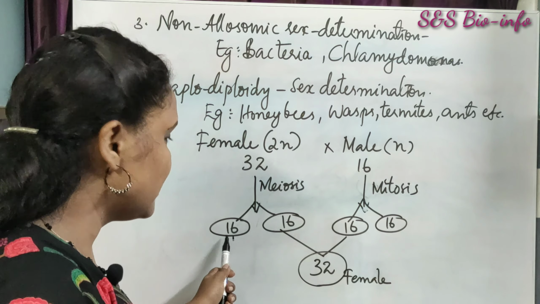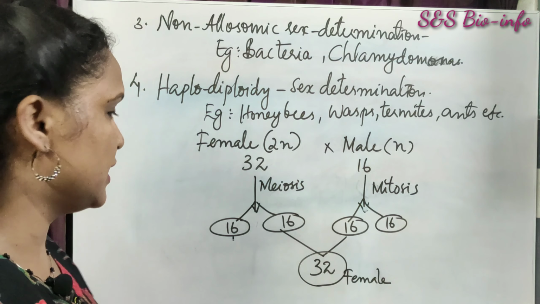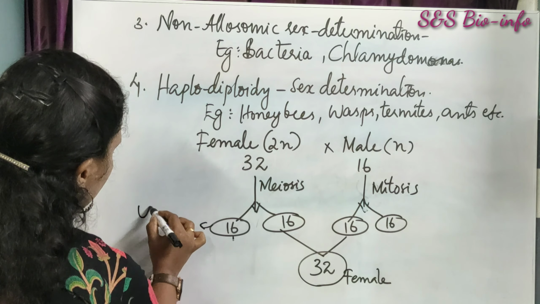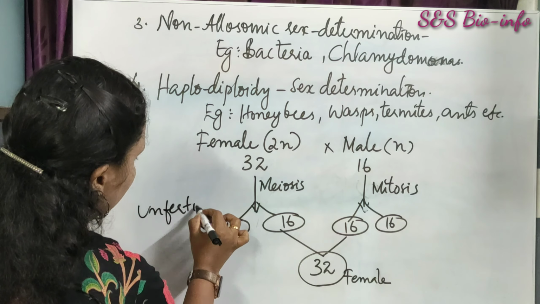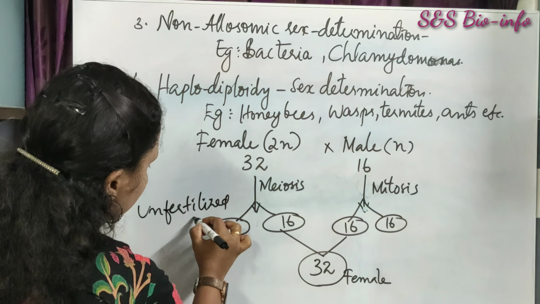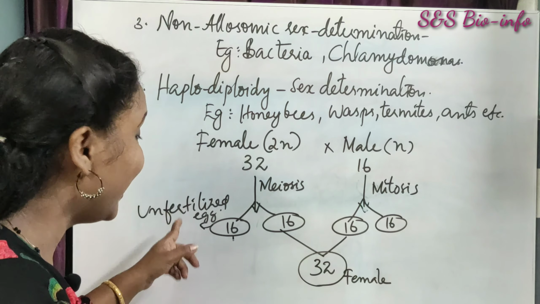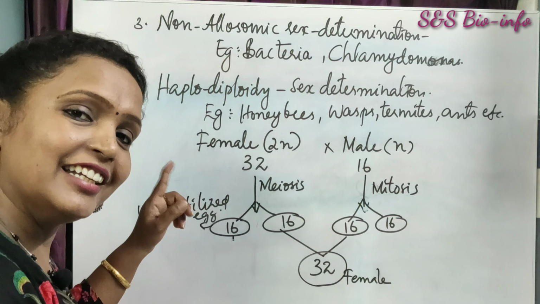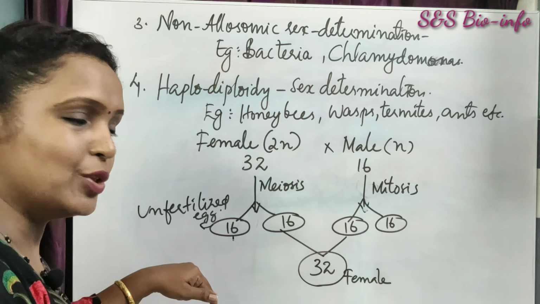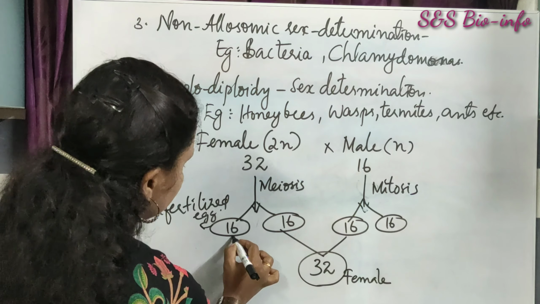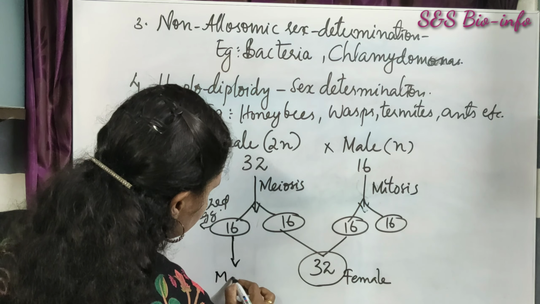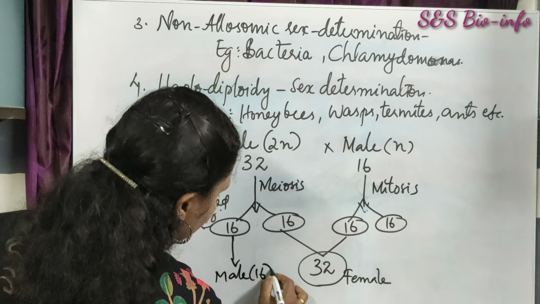Here, the next egg is an unfertilized egg. This unfertilized egg directly develops into a male with 16 chromosomes.